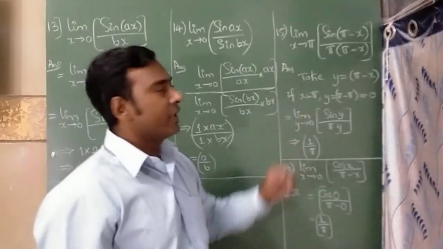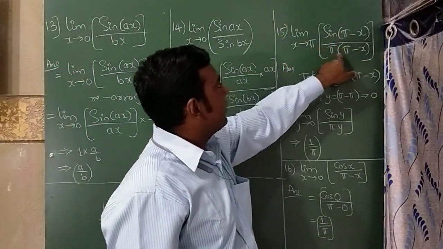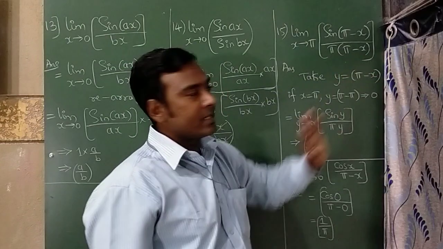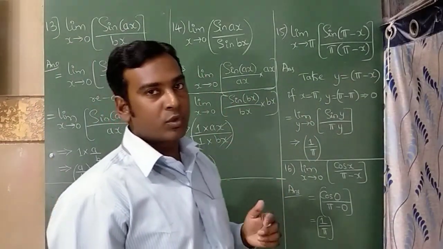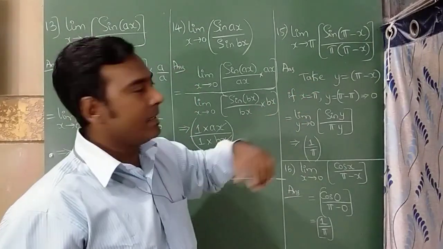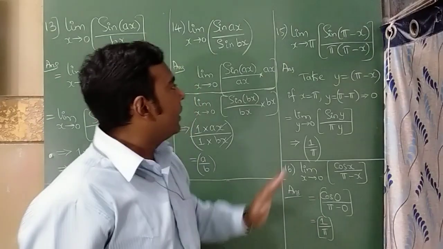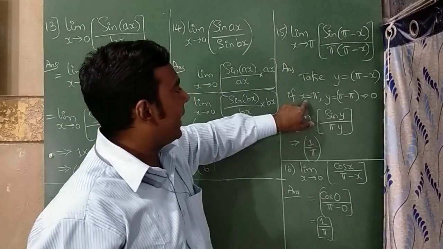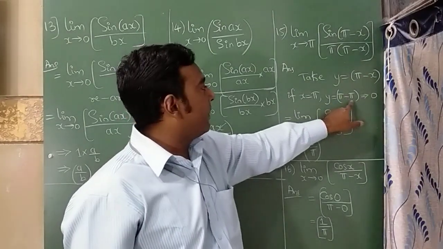Fine. 15th question. So limit x tends to pi, sin of pi minus x divided by pi into pi minus x. So it is a very difficult or complicated sum to solve. So what I have done is, in the easy method, take y is equal to pi minus x. Now when x tends to pi, in place of x I have substituted pi. So pi minus pi is 0.